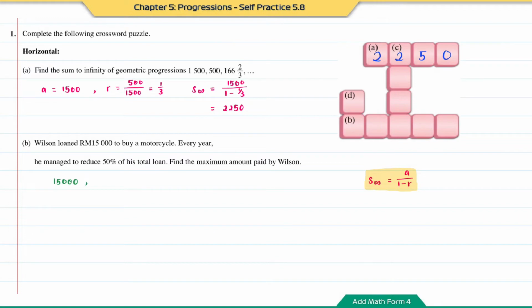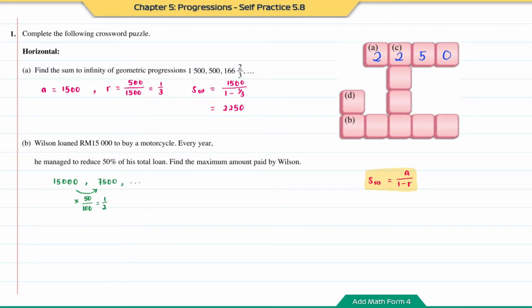As he managed to reduce 50%, next year the total loan left will be, you're multiplying the 15,000 with 50 over 100, in other words, multiplying with half, 1 over 2. Therefore, the next year the total loan left will be 7,500, and so on.